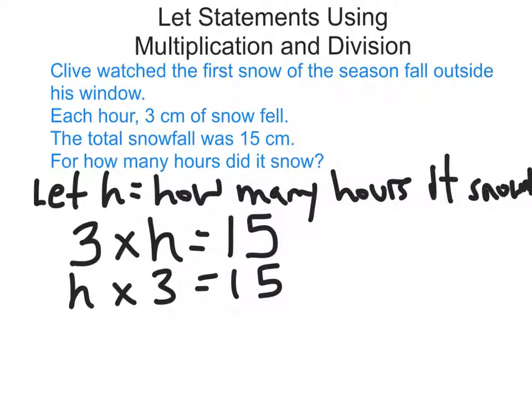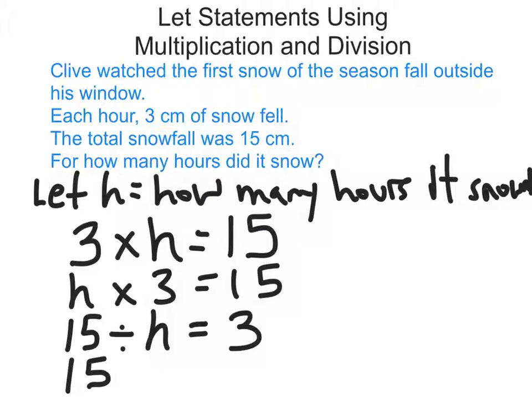And now along with multiplication, I can write division facts. So 15 centimeters of snow divided by the number of hours equals 3 centimeters an hour, or 15 centimeters of snow divided by 3 centimeters each hour equals the number of hours, h.